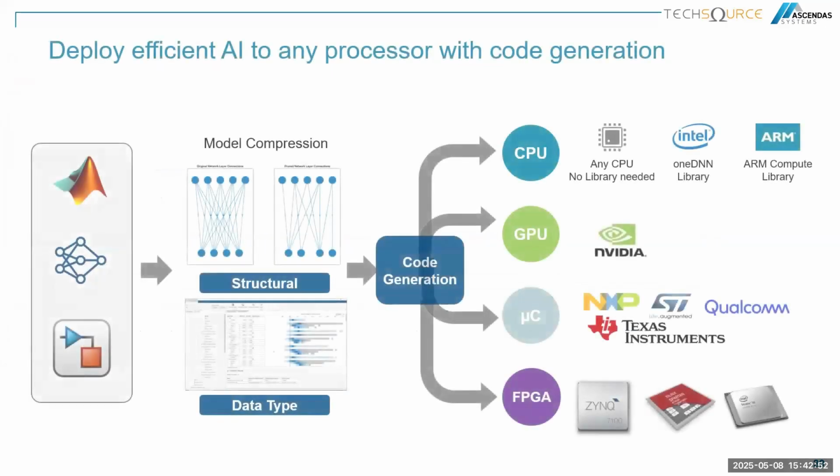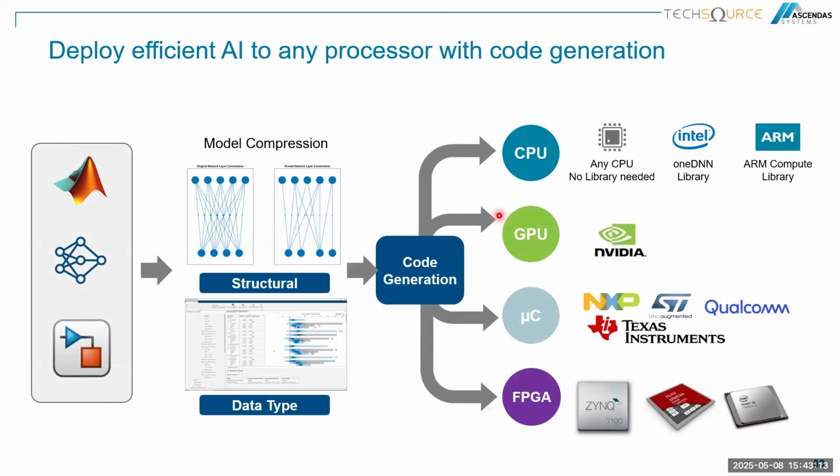So to deploy this one, normally we do the conventional workflow. When we create this, our tools can help you do the code generation for many targets: MCU, CPU, GPU, microprocessor, FPGA.